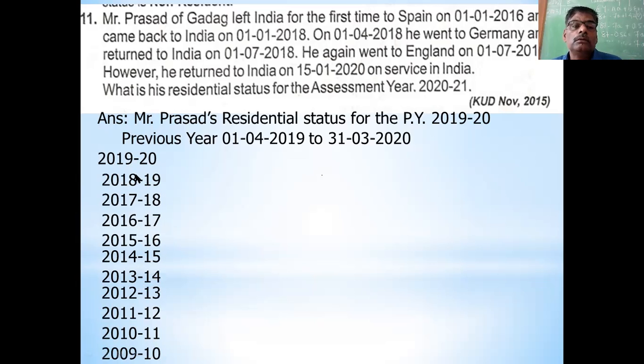Starting first you have to take your previous year, and before that you take 10. Clear? Right, like this.